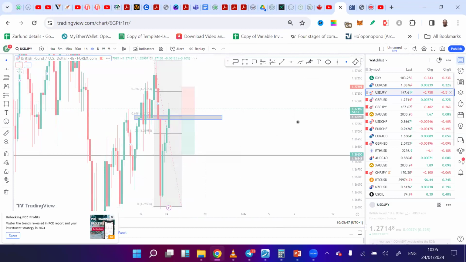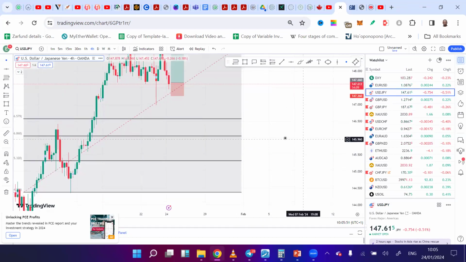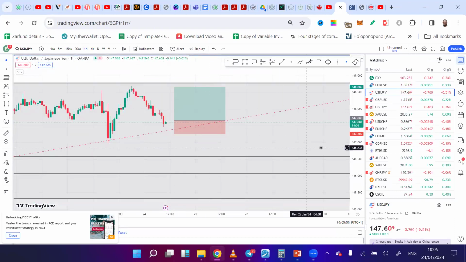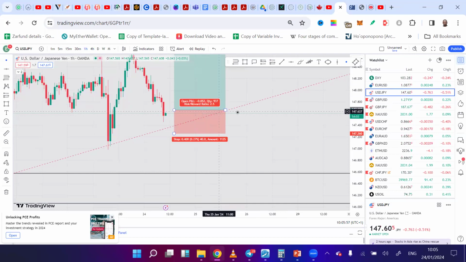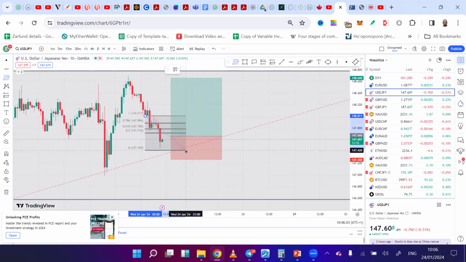Now let's check what we have on USD JPY. The trade we set this morning, we actually targeted the price moving all the way up there, right? But from what I see, it looks as if we might have some sort of a bearish bias.